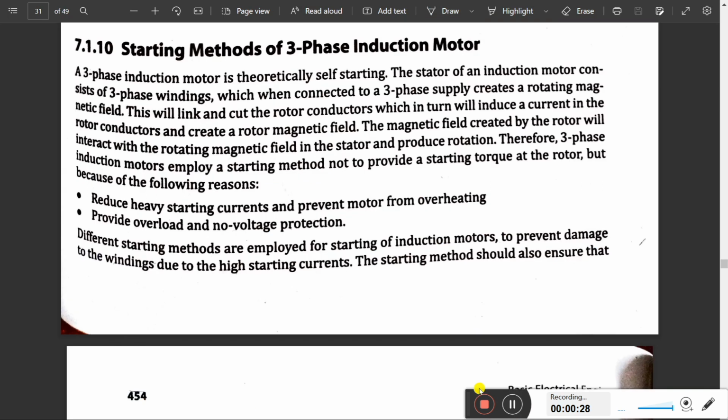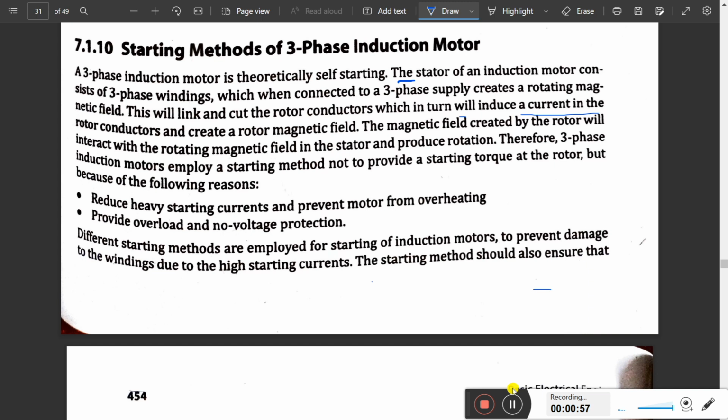Now you can observe, basically the three-phase induction motor is a self-starting motor. Even though, we use starting methods. The three-phase induction motor, when connected to a three-phase supply, creates a rotating magnetic field. We already well know about this. This will link the rotor conductors, which in turn will induce a current.